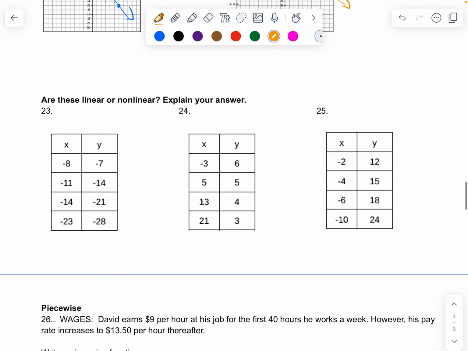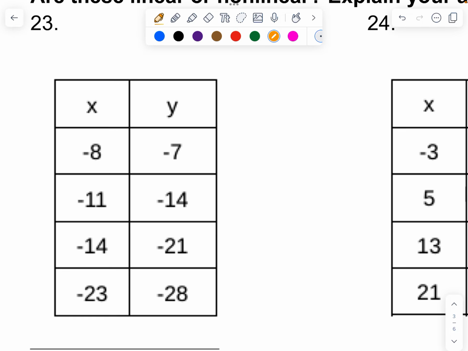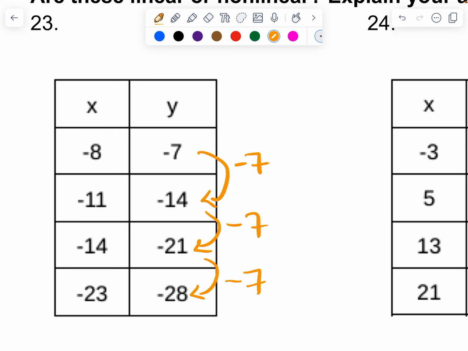Okay, is it linear or not? Well, it has to have a constant rate of change. So this went down by 7, down by 7, down by 7. This went down by 3, down by 3, not down by 3.